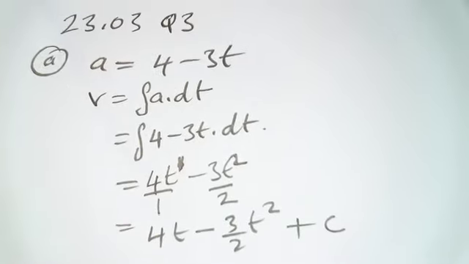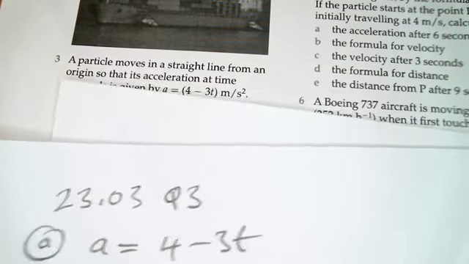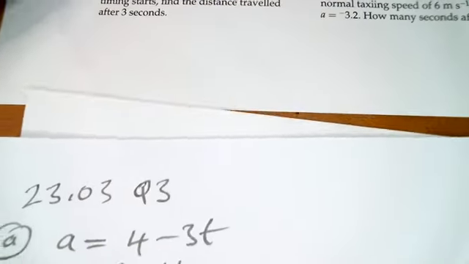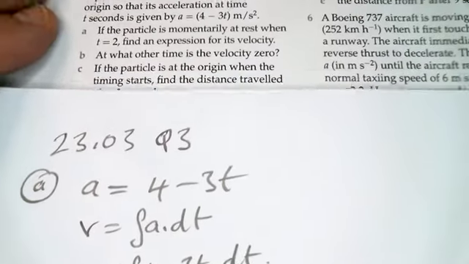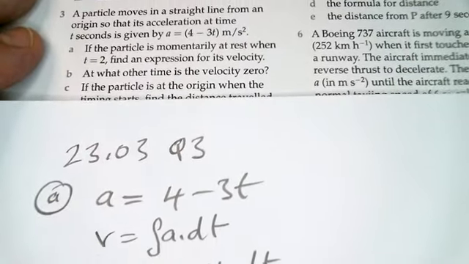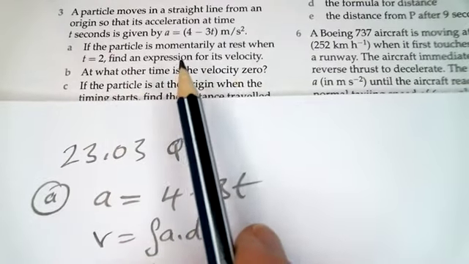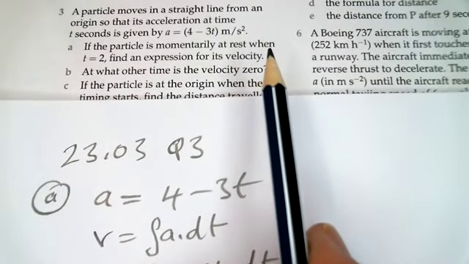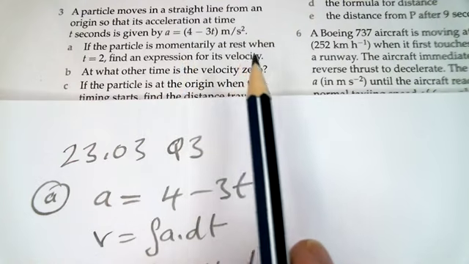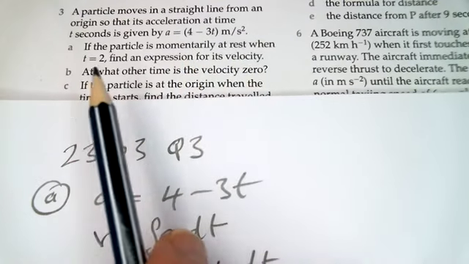Now we're told that at t equals 2 the particle's at rest. At rest means that v equals 0 and t equals 2.